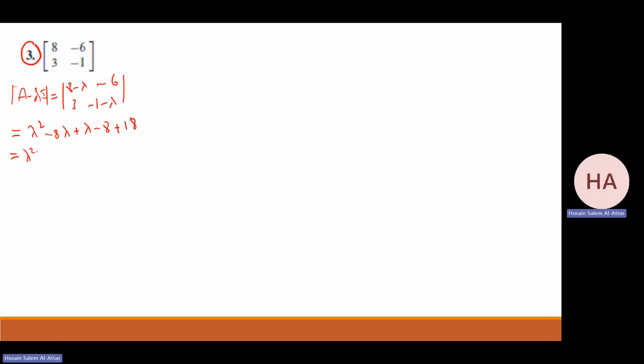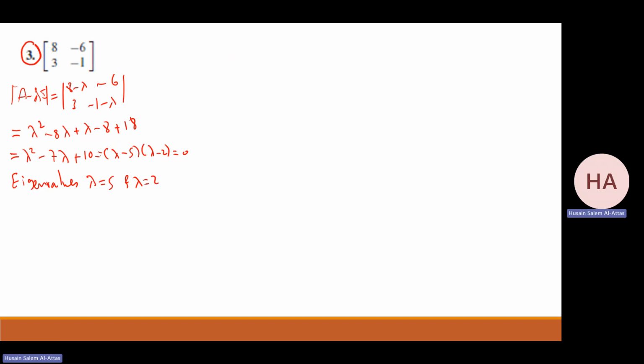That gives me lambda square minus 7 lambda plus 10, which is lambda minus 5 times lambda minus 2 equals 0. So the eigenvalues are lambda equal 5 and lambda equal 2.